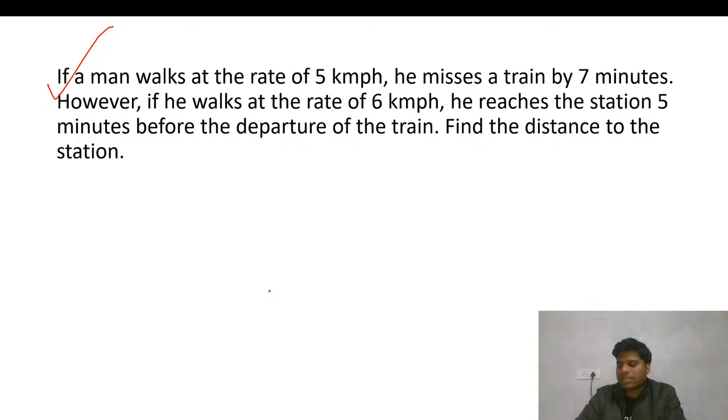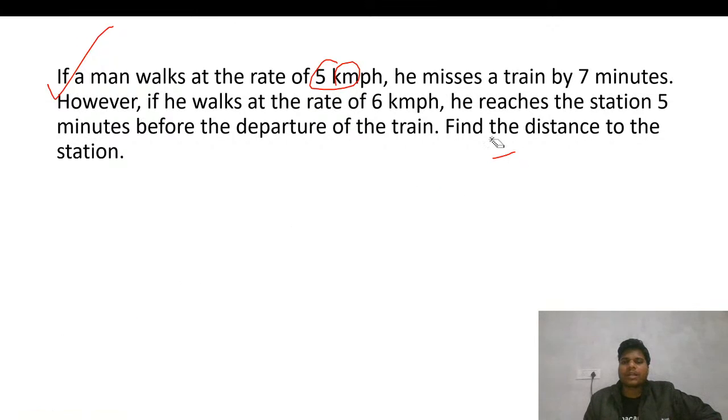But using the concept that I've told, you will see how easily we can solve this question. The shortcut you may have seen is taking a determinant kind of thing. No, this is not that question. This is a simple one. That question is an upcoming question.